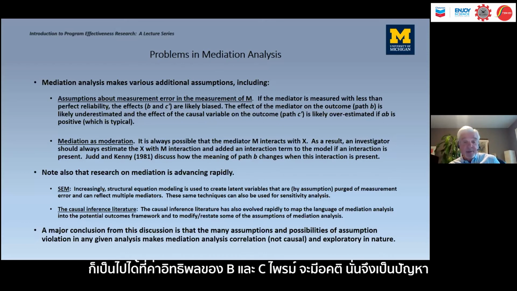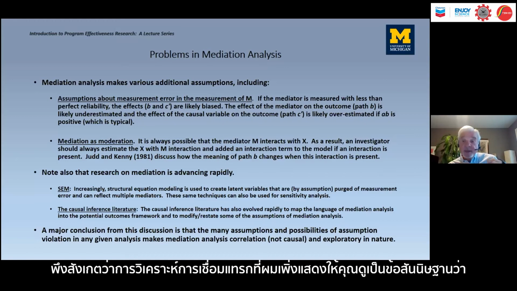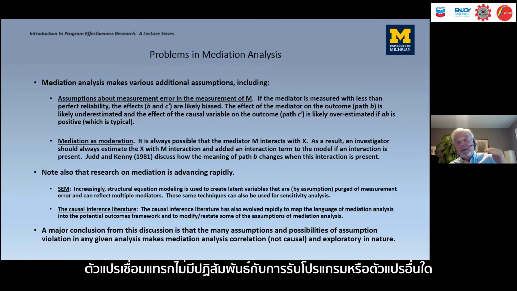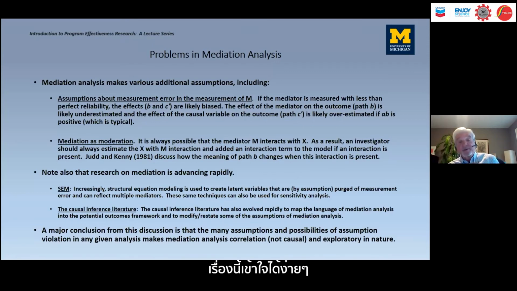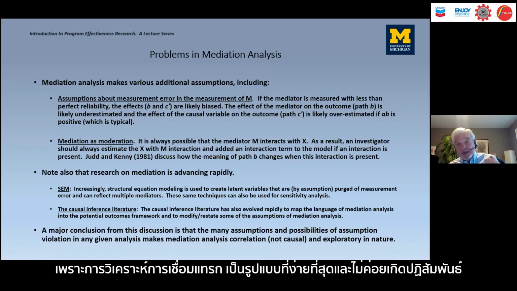So that's a problem. Note that the mediation analysis that I just showed you assumes that the mediator does not interact with the treatment or any other variable. It's just a sort of straightforward thing. So, mediation analysis is the simplest form and isn't really allowing for interactions.